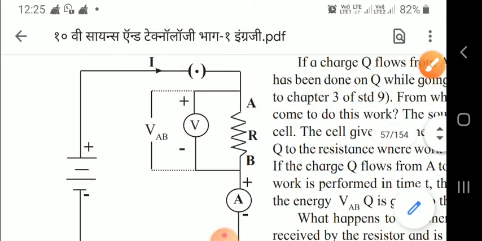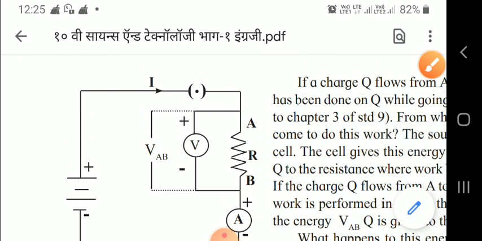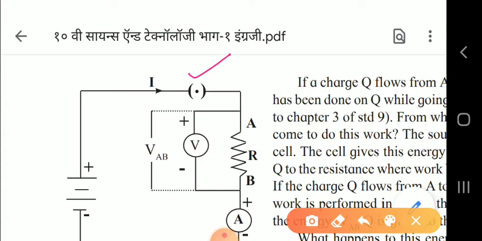Now here we can see this is the key. Here the current is flowing this way, the arrow is shown. This is the electric circuit through which we can perform this activity.